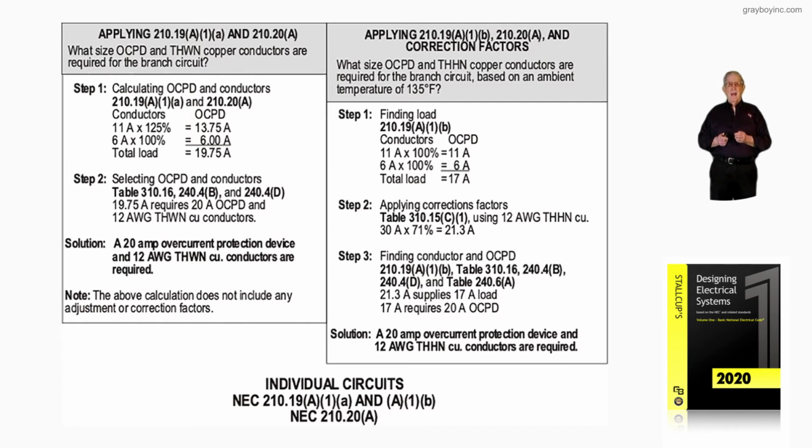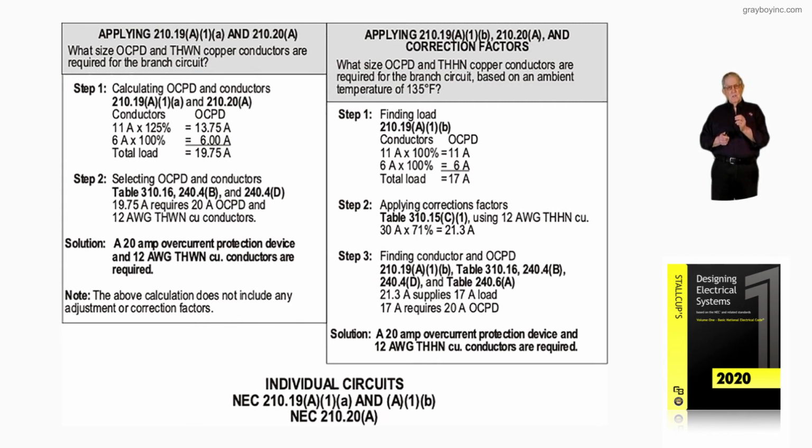Now we apply from table 310.15(C)(1), as in car, the 90-degree column now for that wire. We would select 30 amps from table 310.16 for number 12 from the 90-degree column based upon the THHN.